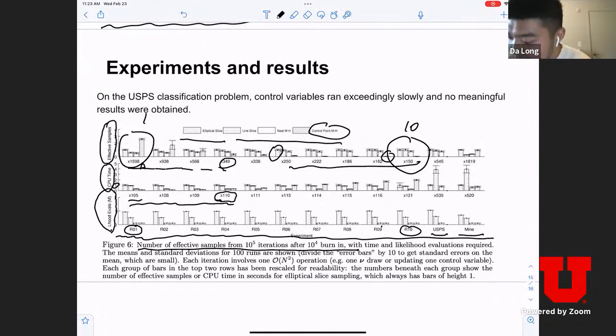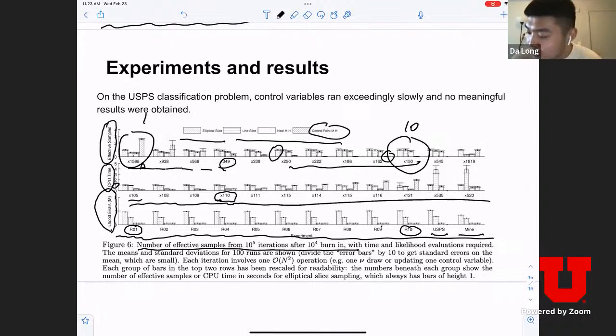Yeah, and then the second row is the CPU time. For the CPU time, the elliptical slice sampling is comparable to the line slice from dimension 1 to 10, but they are both greater than the other two methods, the neo MH and the control point MH.